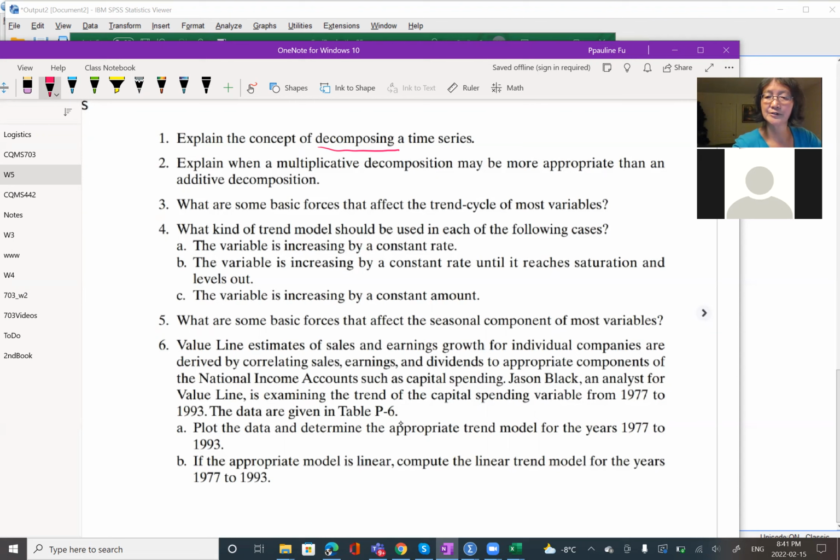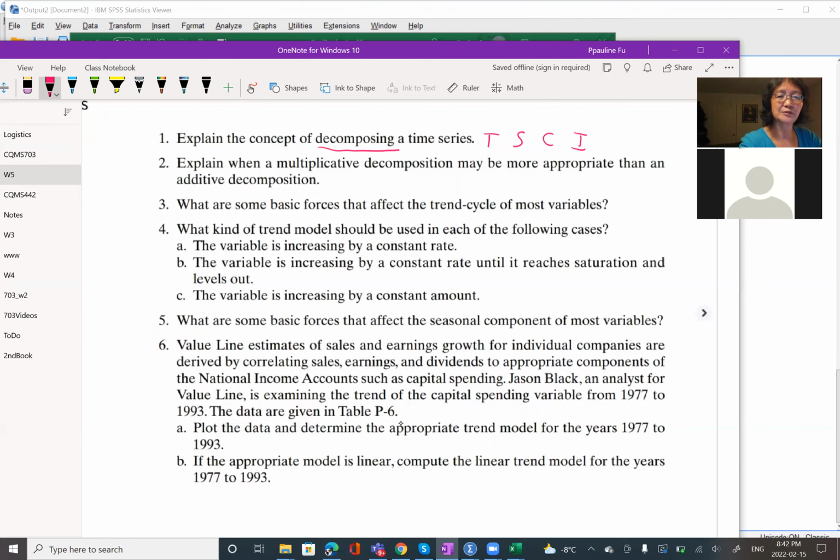Any ideas? So the concept of decomposing is to decompose the data into different components, trend, seasonal, cyclical, irregularity, in order to get the insight into the cause of the variability and to make the forecast.